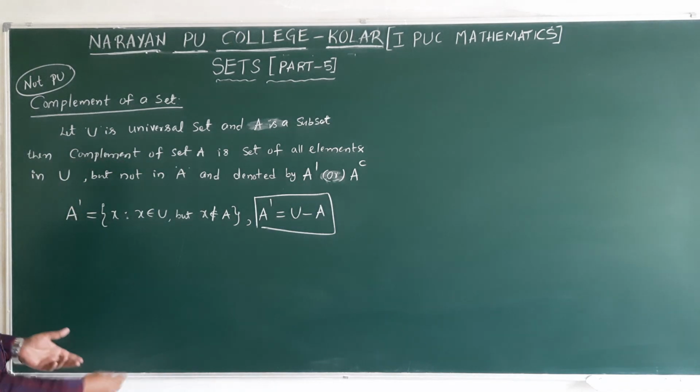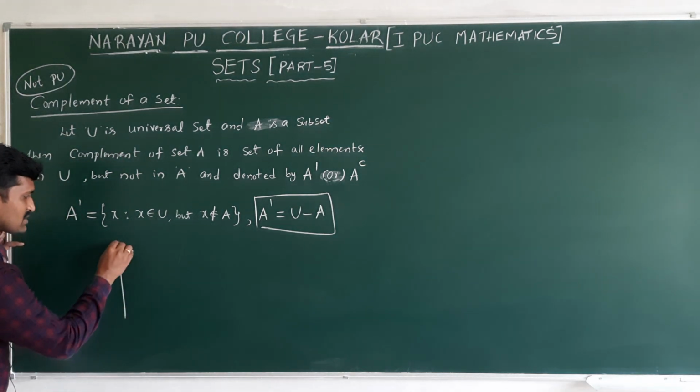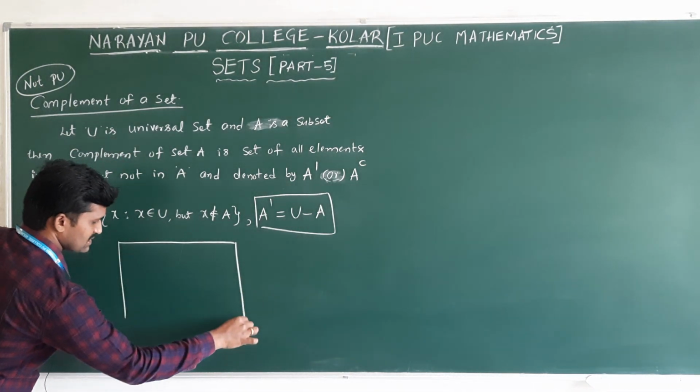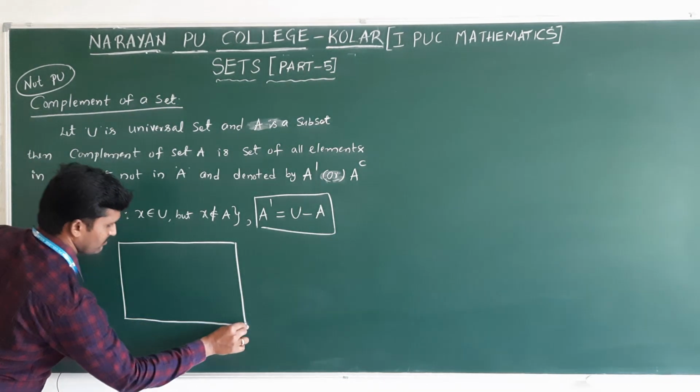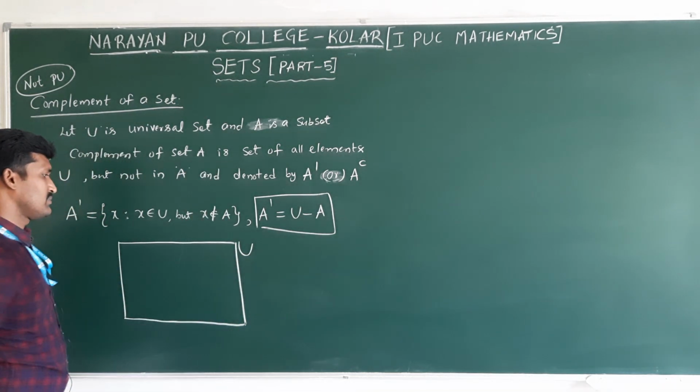If you want to represent it through Venn diagrams, we can represent it like this. This is a Venn diagram. This complete rectangle is the universal set.